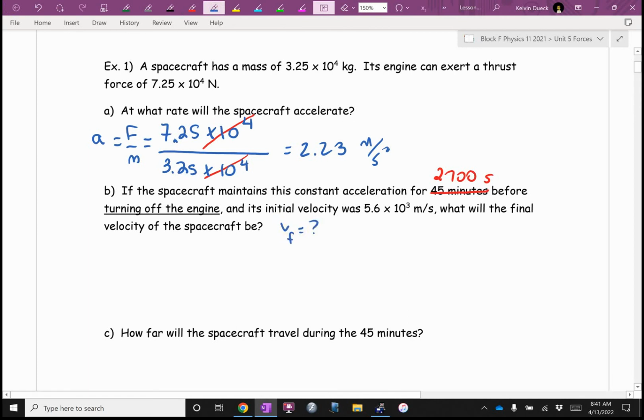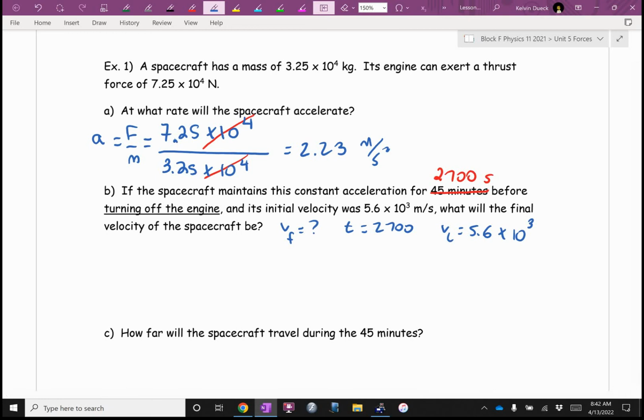What's that 2,700? Oh, remember how easy this was? What's that 5.6 times 10 to the 3? What else do I need to find v_f? What did I find in part A?